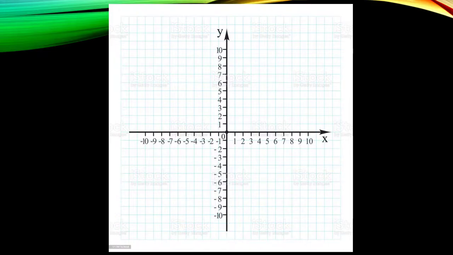Let's say that our point of rotation is out here someplace. And we have point A, and we want to rotate it 90 degrees counterclockwise.